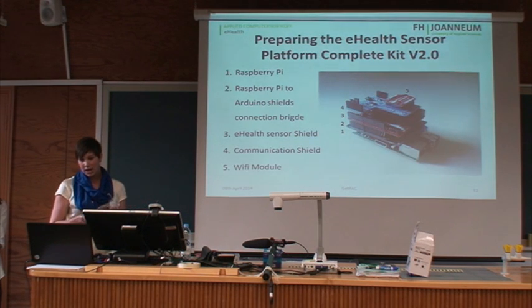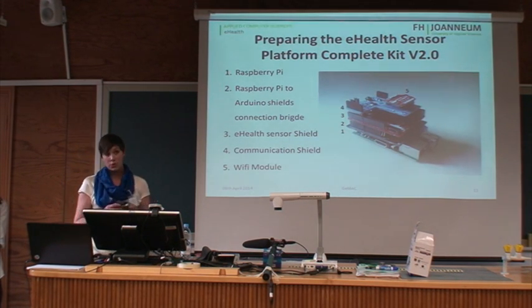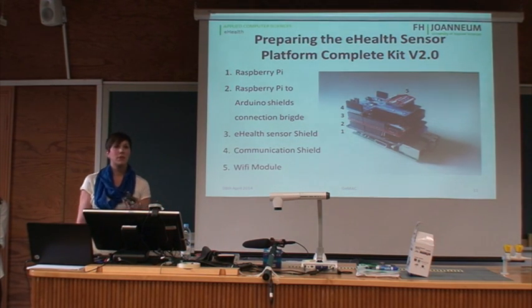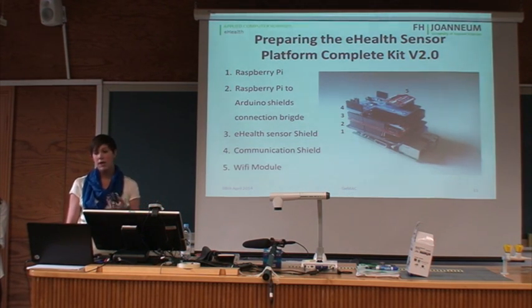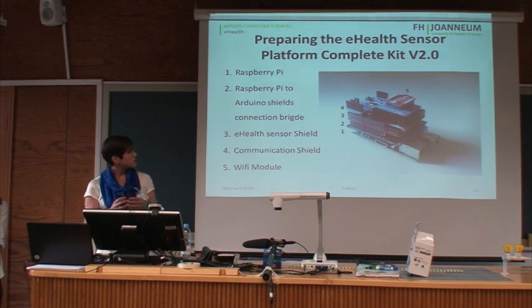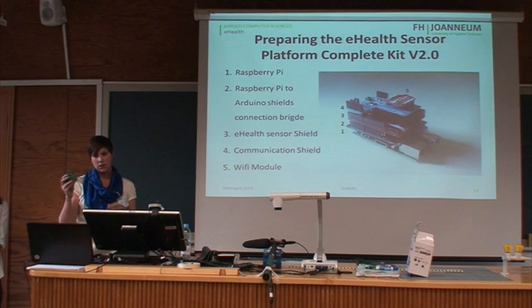Then the second shield we have is the Raspberry Pi to Arduino shield connection bridge. As the name says, we can connect different types of shields to our Arduino, and in our case to our Raspberry. That's the third one. So we have the eHealth sensor shield. This red one, as you can see, we can connect all the sensors to it, but I will show you later.